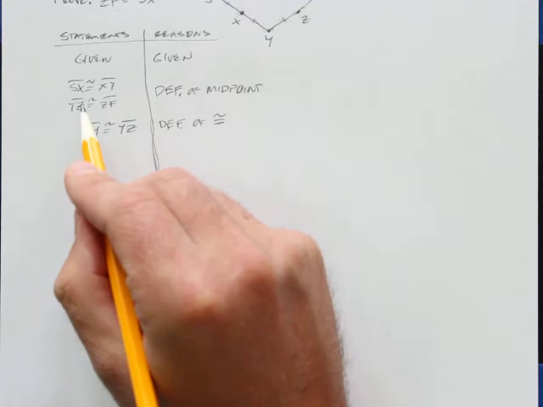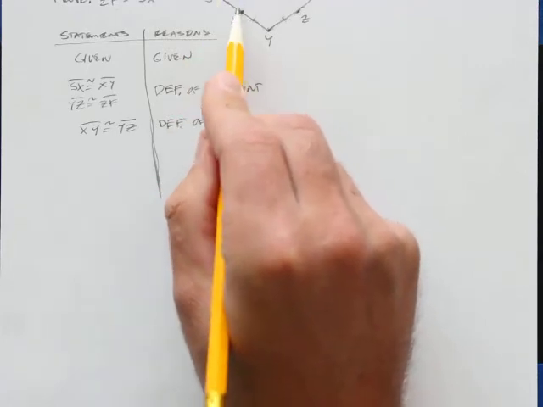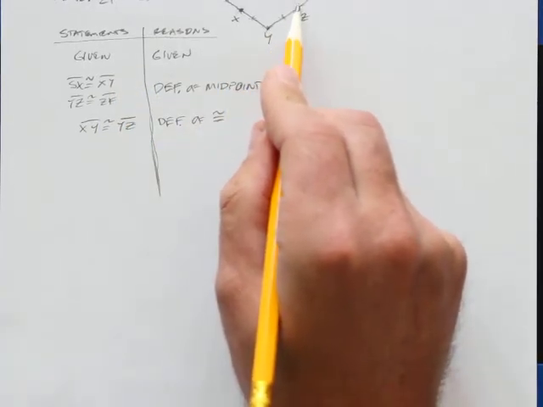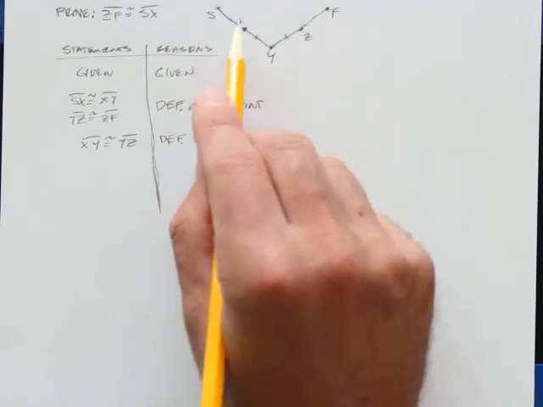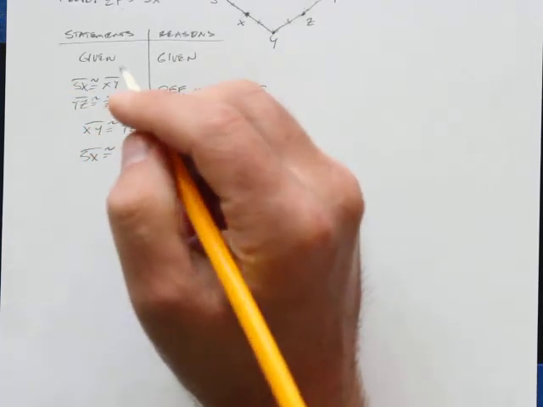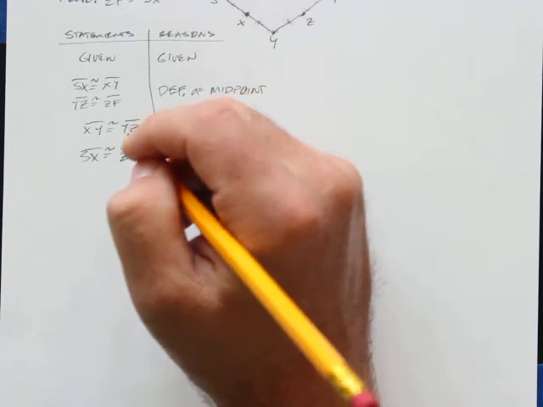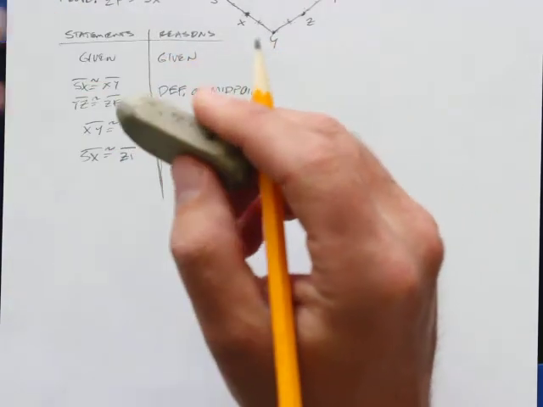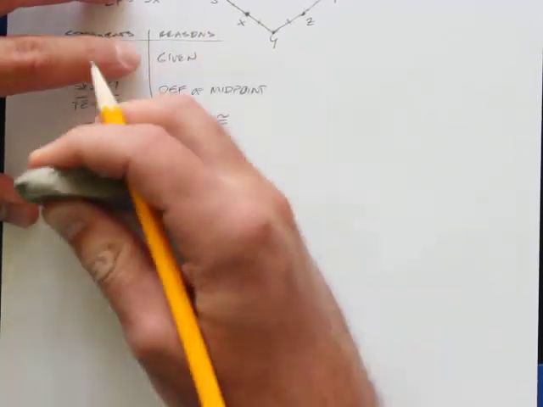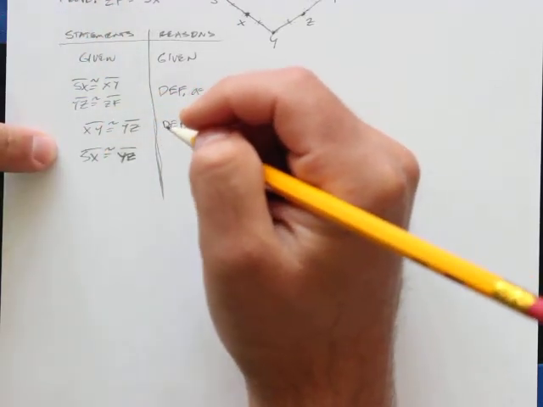So now I can say that since SX and XY are congruent, and I know that XY and YZ are congruent, I can say by the transitive property that segment SX is congruent to segment YZ.